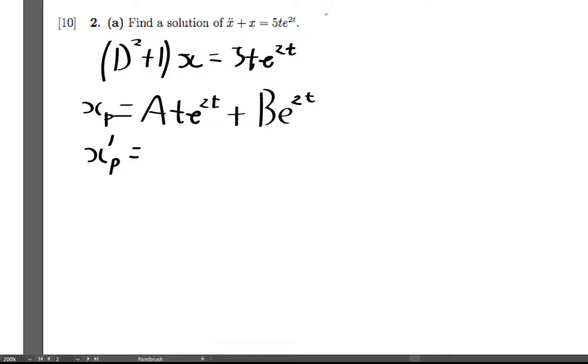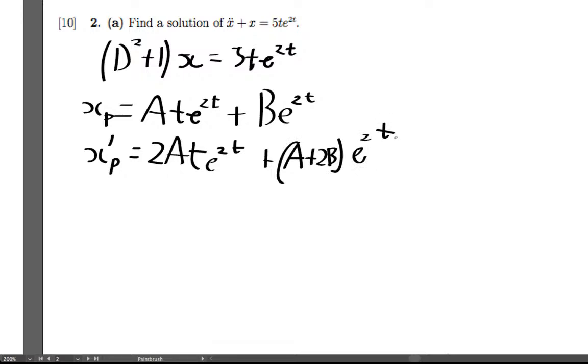And so what I'll get is 2a t e to the power of 2t plus (a plus 2b) e to the power of 2t. Okay, that's pretty quick. And now you want to find out the second derivative.